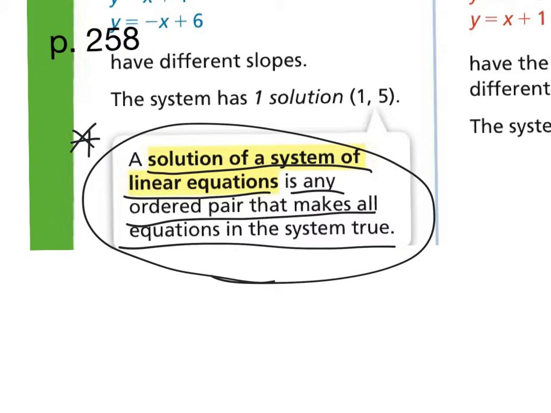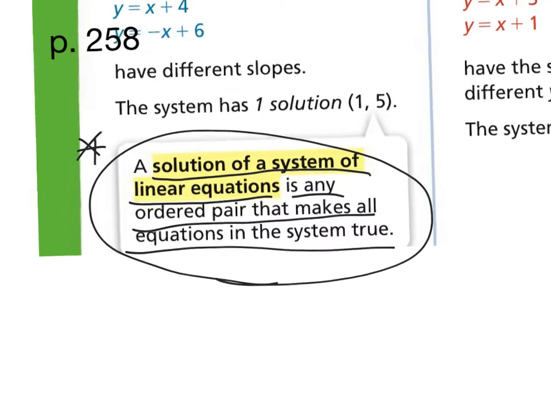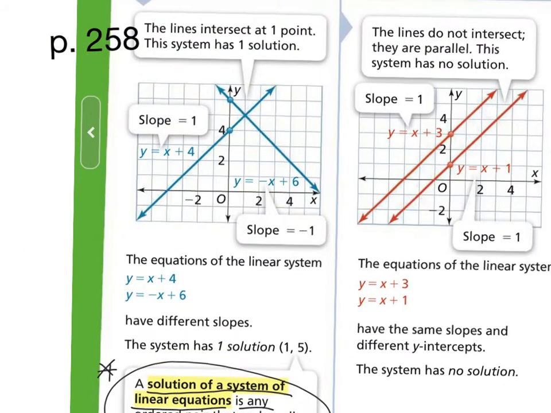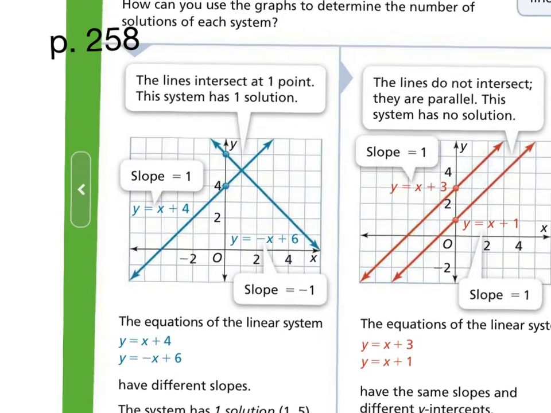Another thing, which you'll learn more when you take algebra in high school, is we can actually work these problems out by hand rather than graphing them, and from working it out by hand you can also figure out what ordered pair works for all the equations. So we basically have 3 different possibilities when we do these problems.